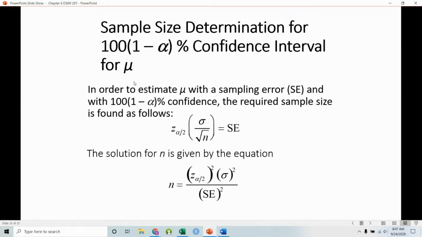Our sample size N can be found by multiplying our z alpha divided by 2 by the population standard deviation. We square both of those and then divide by the standard error squared. I find that generally finding an online calculator will work best for these problems, but I'll try to show you how to do it in Excel anyways.